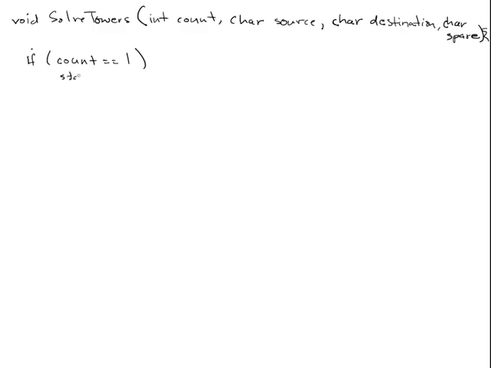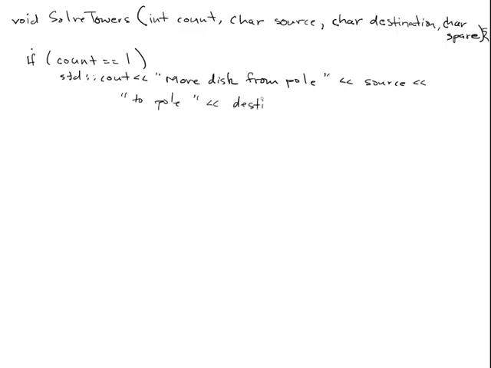Let's do standard cout: move disk from pole source to pole destination. All right. Otherwise, we do this.